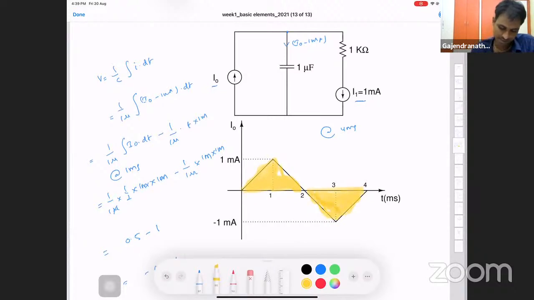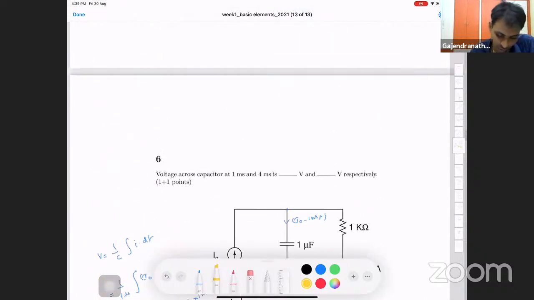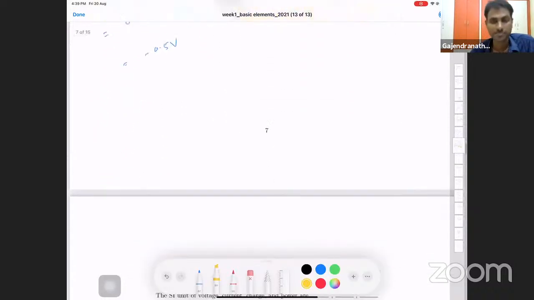Both of them cancel each other, right? Because of this curve, this term, I don't get any contribution at 4 milliseconds. But because of the other one, I'll get minus 1 volt. So the answer is minus 0.5 volts and minus 1 volt.